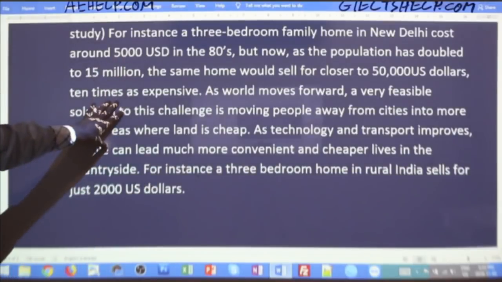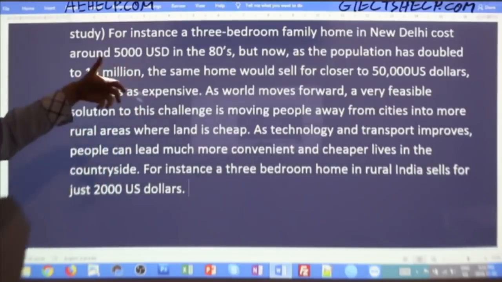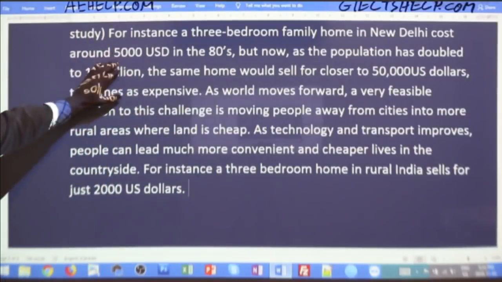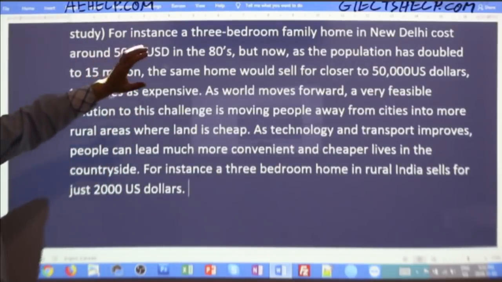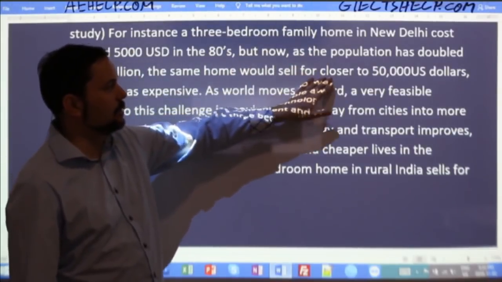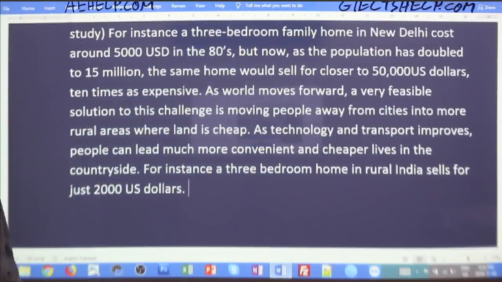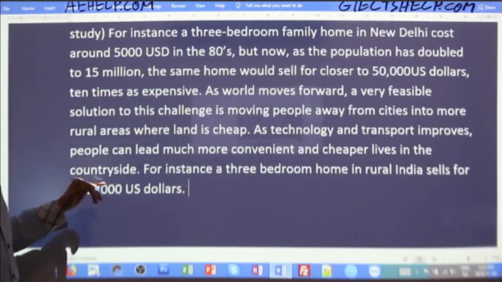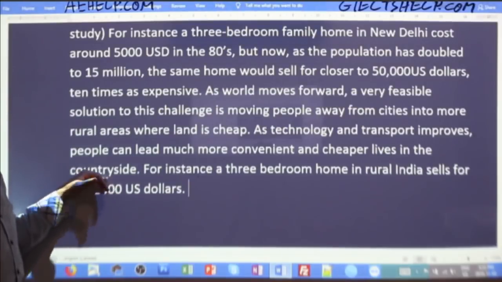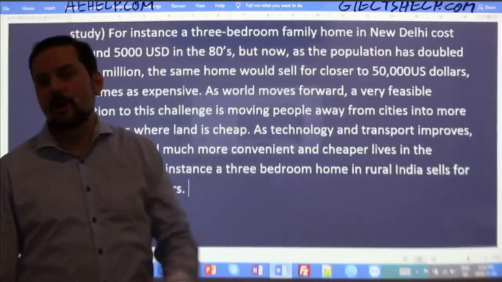When you're doing causes and solutions, keep in mind that when you give the example for the problem, like here, where we gave the example that a house is 50,000 US dollars today, then connect your example from the solution to the example from the problem.